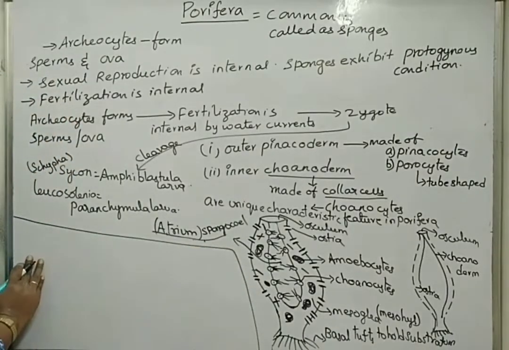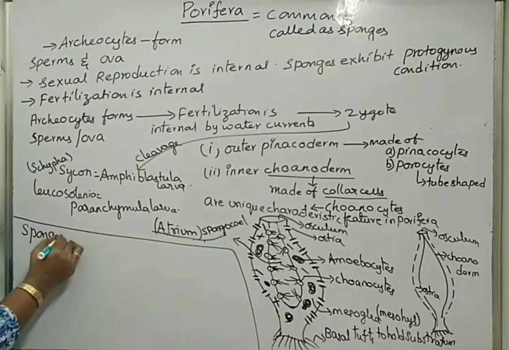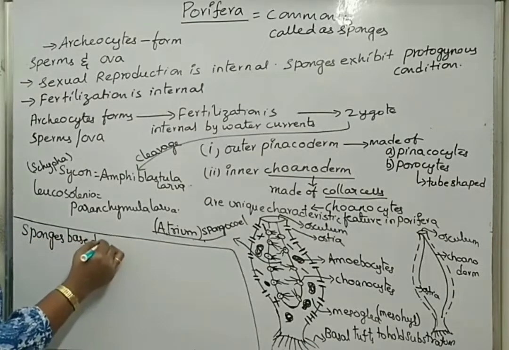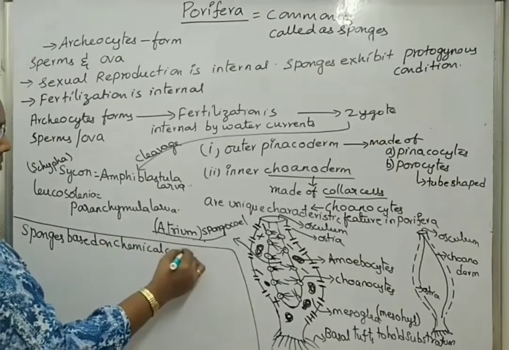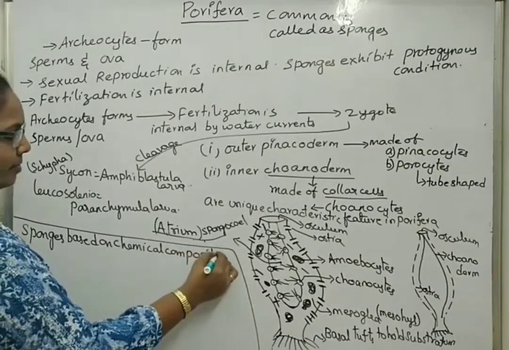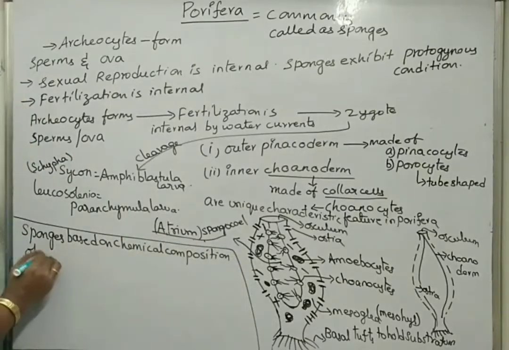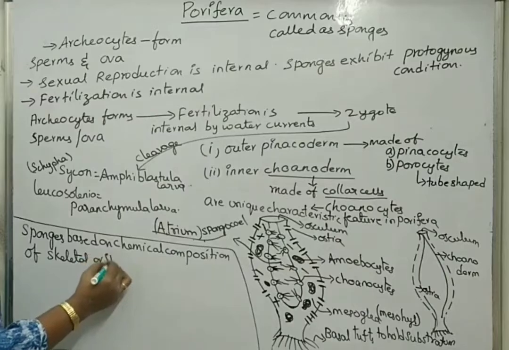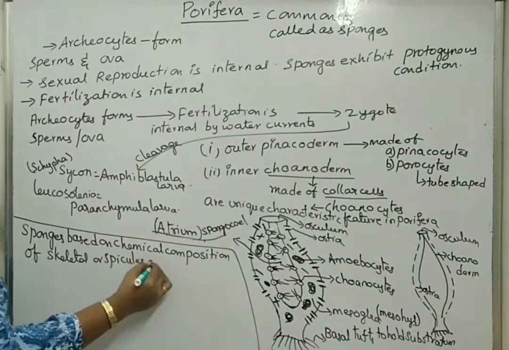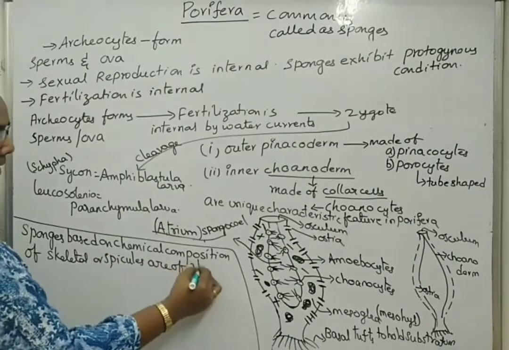Sponges based on the chemical composition of the spicules or the skeletal system are of three different types.